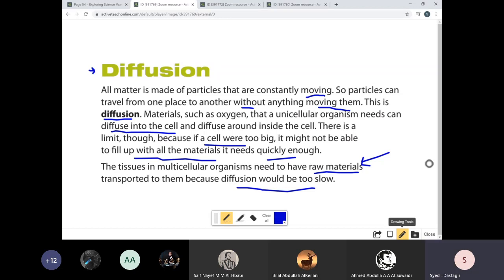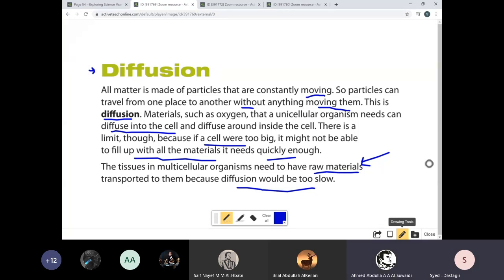By the time this oxygen goes all the way to our brain, because our brain needs it for respiration to stay alive, it will take so long to reach our brain that the cells will die. So that's why large organisms need transport systems, like our blood.